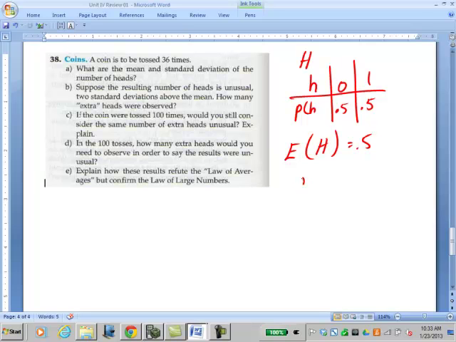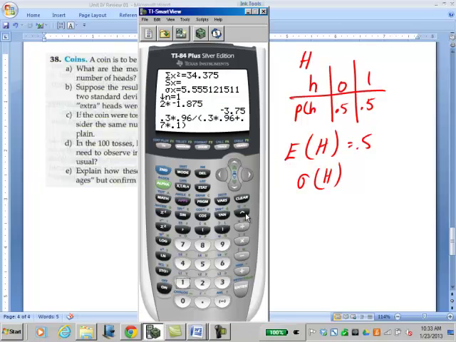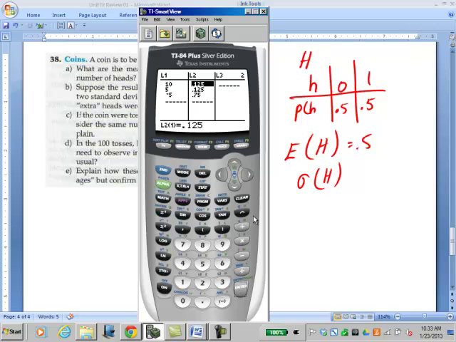But what about the standard deviation? I was just feeling unsure, so I actually did this on the calculator. Maybe some of you are doing it in your heads. I went to edit and cleared this out. We have to do 0 through 36 for everything.